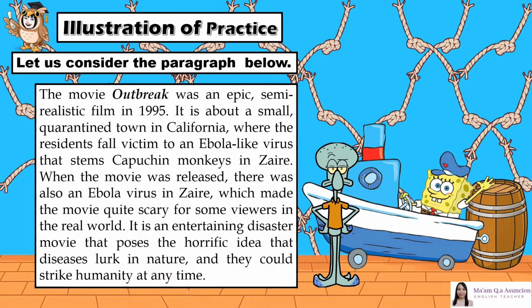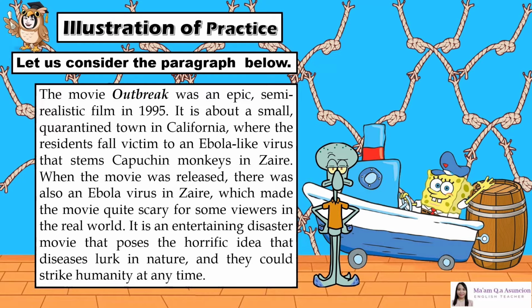The movie Outbreak was an epic, semi-realistic film in 1995. It is about a small, quarantined town in California, where the residents fall victim to an Ebola-like virus that stems from Capuchin monkeys in Zaire.